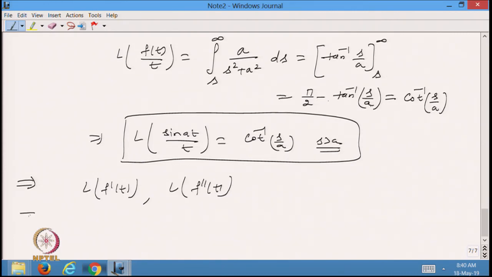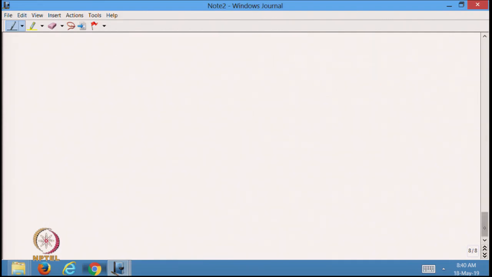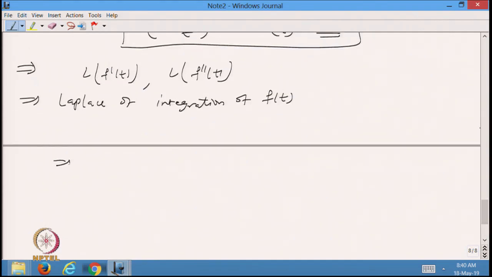What about if I take the Laplace of the integration of f(t)? So, suppose I have the integration of f(t). I have my function defined as this one, from 0 to t, f(tau) d tau.